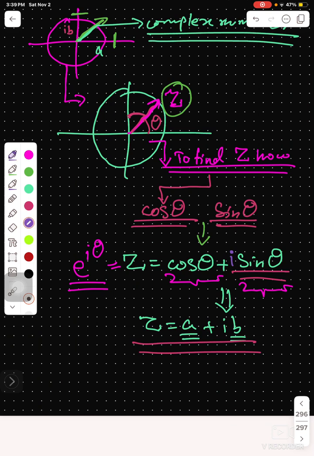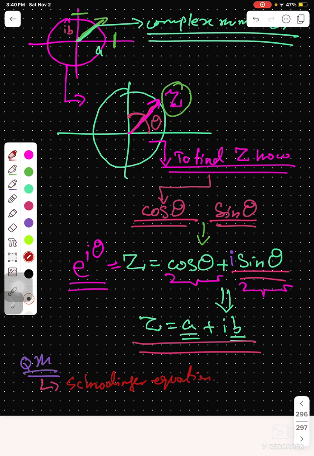Complex numbers are imaginary numbers, numbers which are not real, they don't exist, but still they are used in quantum mechanics. In quantum mechanics, the use of complex numbers is in the main equation of quantum mechanics, which is the Schrodinger equation.